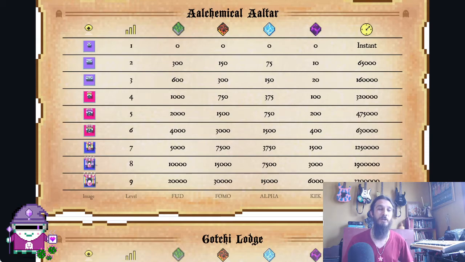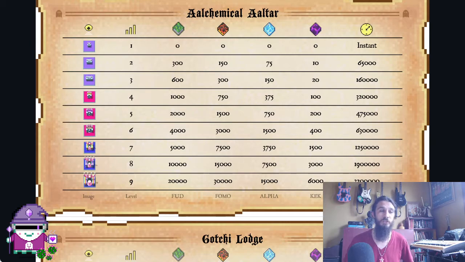So your altar is very important because you also cannot build any of your structures past the level of your altar. So if you have a level 3 altar and a level 3 lodge, your lodge is stuck at level 3 until you build a bigger altar. So leveling up your altar is going to be very important because it also affects your UBI and your spillout rate.